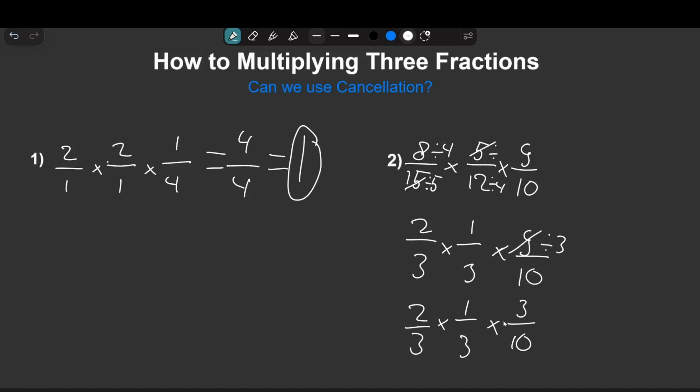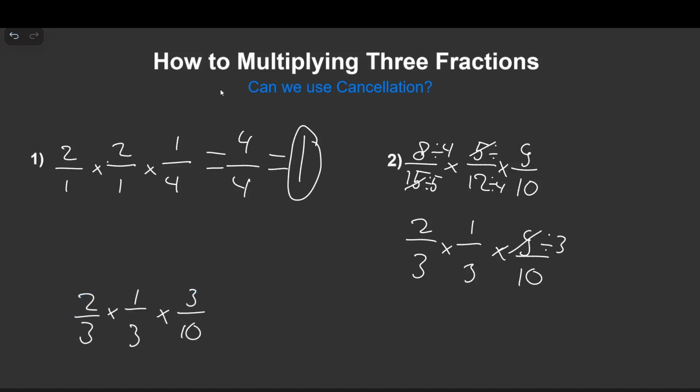Okay, guys, I made a little mistake, but I fixed it, so don't worry about it. We will still get to the correct answer. So we are left with this. Now we can just start multiplying. Or what we can do is we can cancel these two once again.